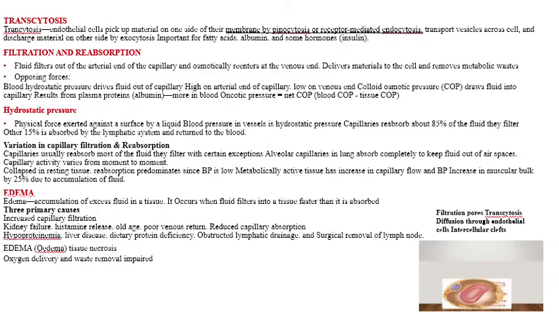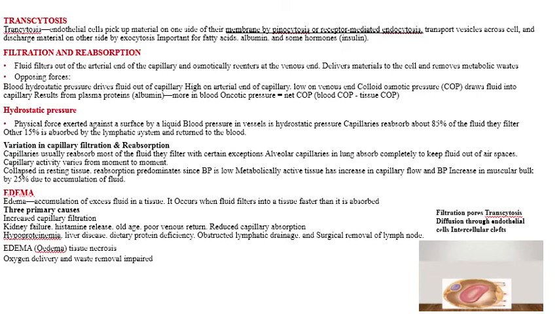I already talked briefly about transcytosis. Certain cells like endothelial cells pick up large materials that can be transferred through the membrane by pinocytosis.